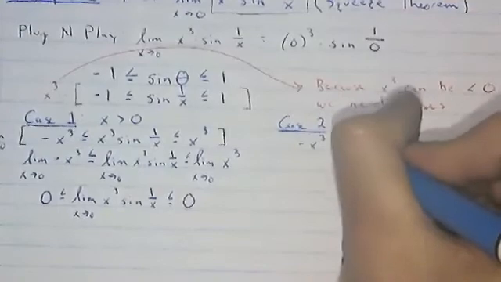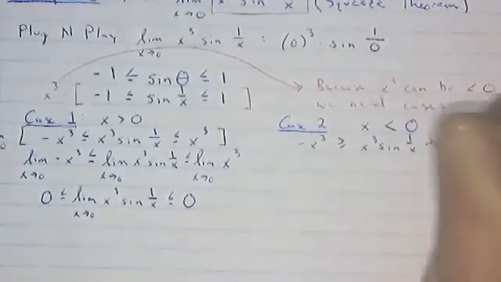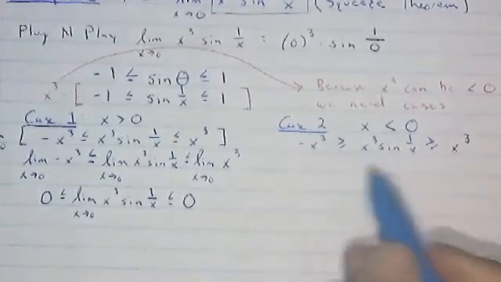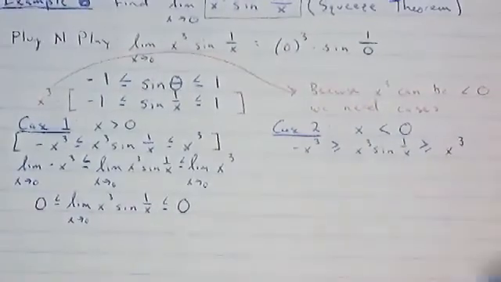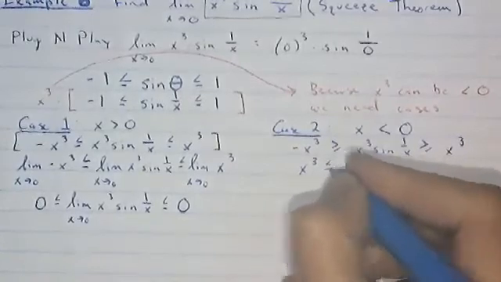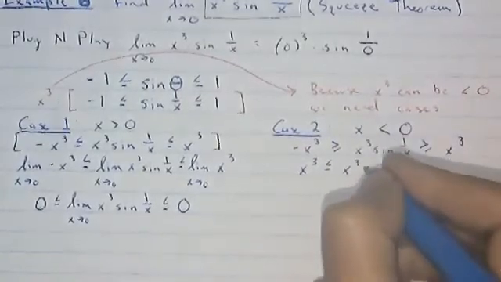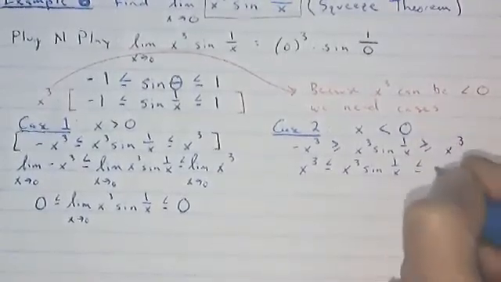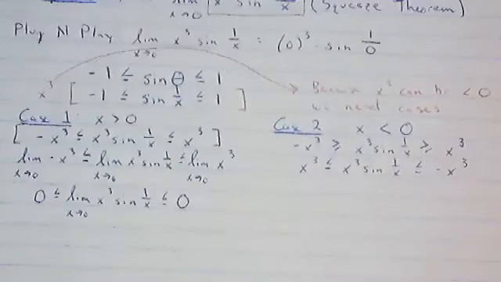But now because we've multiplied by a number less than 0, the order of these inequality symbols changes. And then flopping this so that it's in the right direction, which we don't technically have to do, but it just makes me uncomfortable to see it written this way, we would have x cubed is less than or equal to x cubed times the sine of 1 over x, which is less than or equal to negative x cubed.